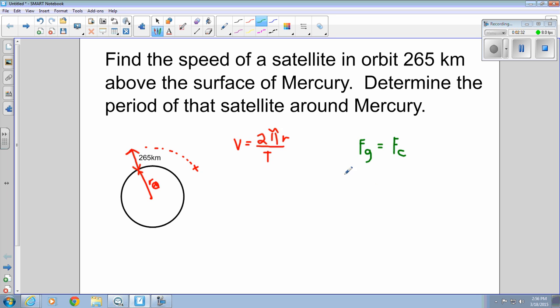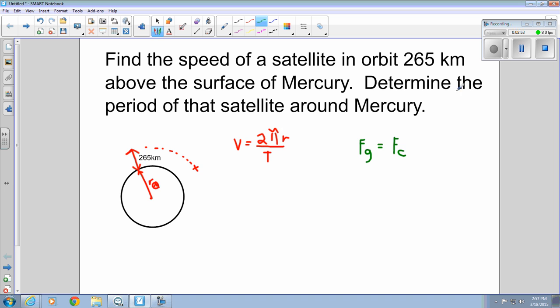The force of gravity that the satellite is experiencing is the centripetal force. Gravity is what holds this object in space as it orbits the planet.